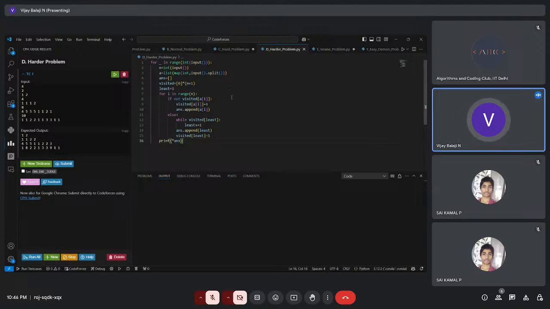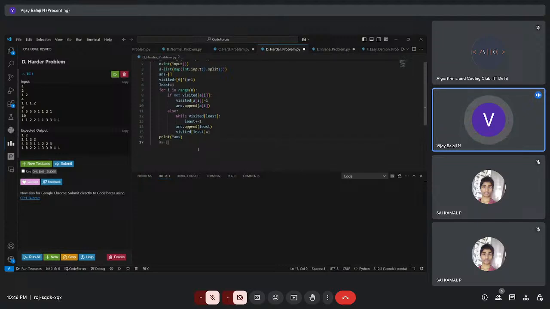Now to move on to D. In this question, we are given a list A, and we have to give out another list B. Say in the first case A is equal to 1, 2, and in the answer we are giving B as 1, 2.